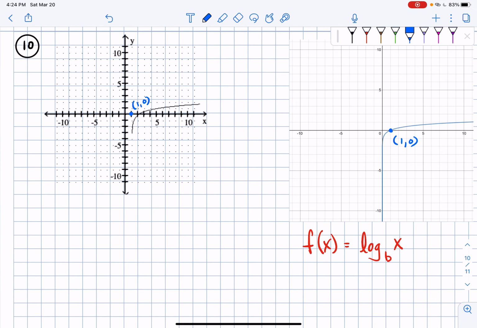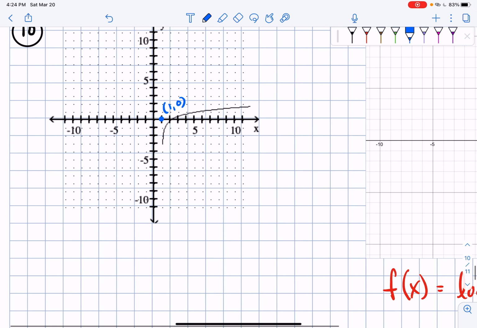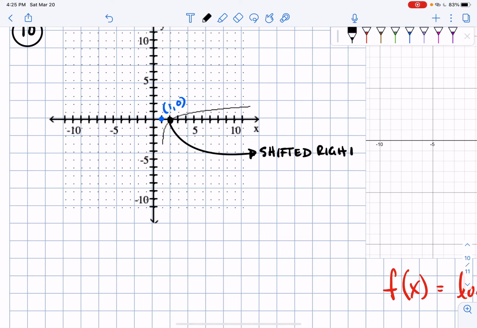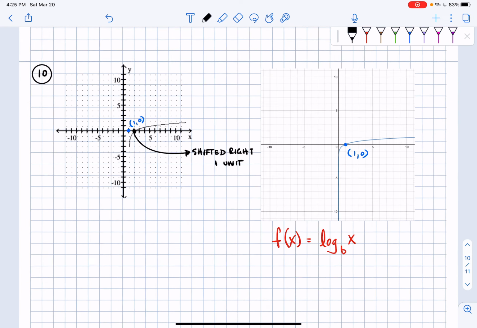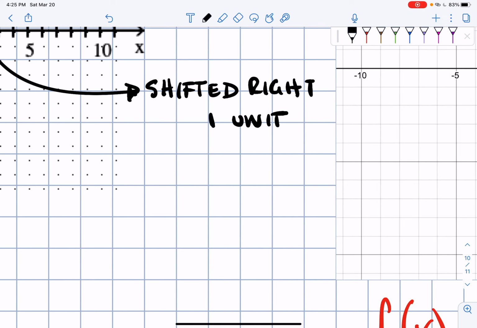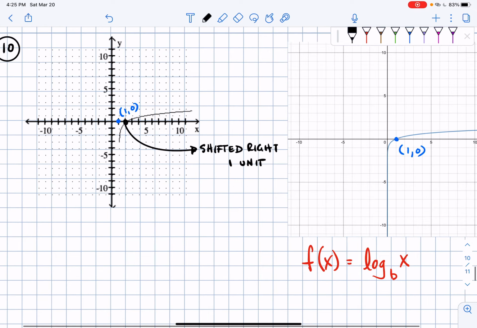Well, it shifted right 1 unit, right? It shifted 1 unit to the right, okay?